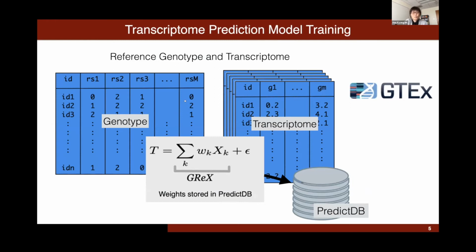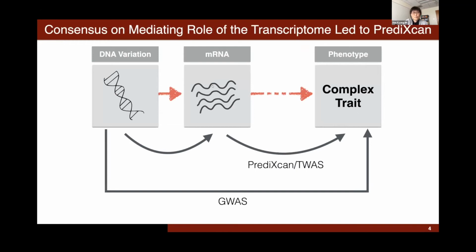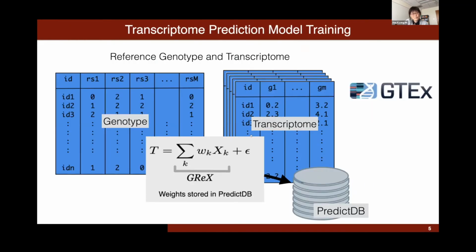So how do we go from DNA variation to mRNA? Usually, mRNA assays are much more expensive than genotyping.